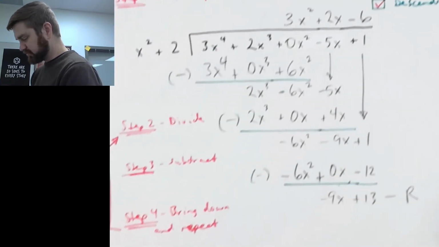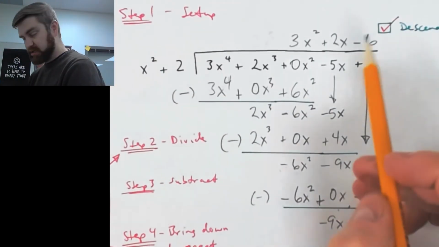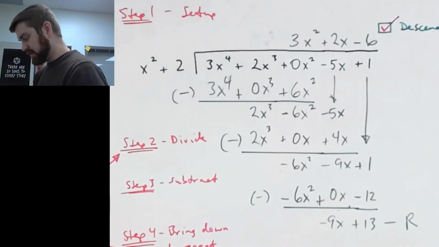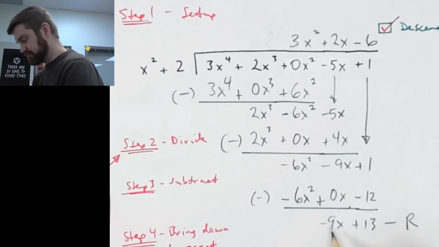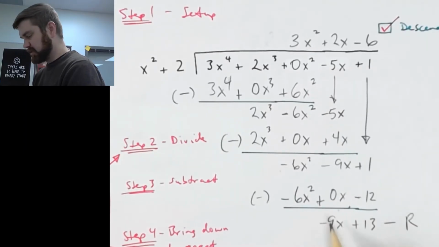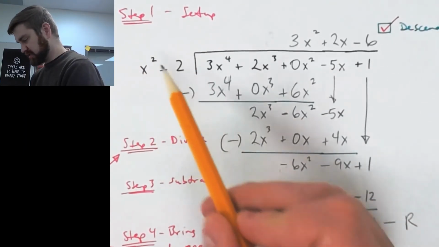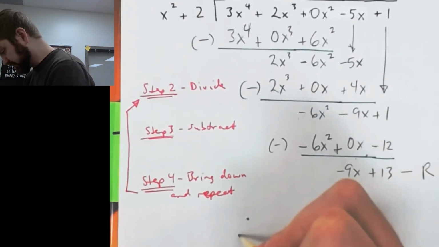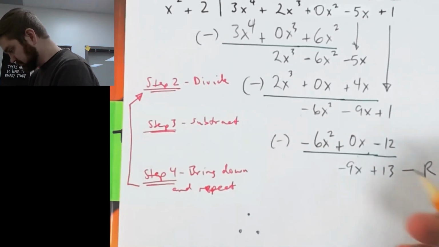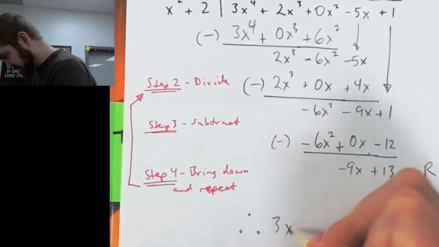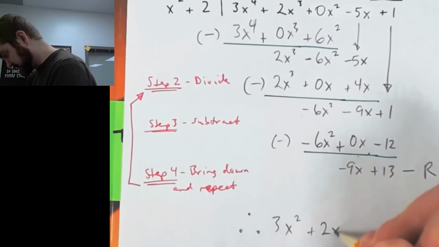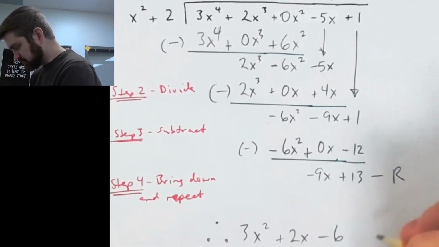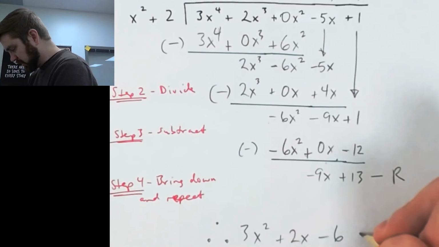Okay, and so now when I write out my answer, I can write out this up here, and then plus this over this. Okay, so therefore 3x squared plus 2x minus 6.